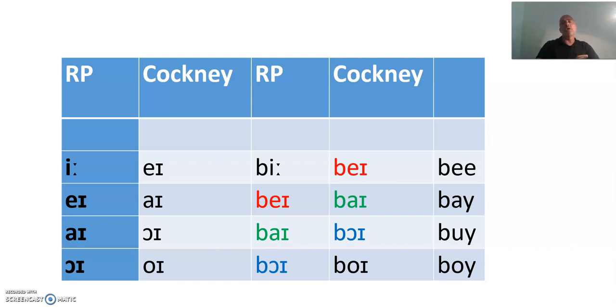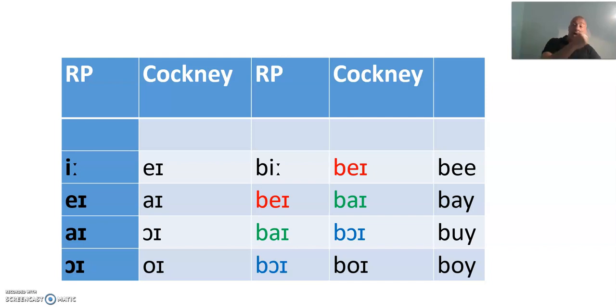So, when you have E in RP, you have something like A in Cockney. Take the B, English, insect B, and then bay in Cockney English. If you have bay, where people go on holiday, it's in Cockney something like buy.